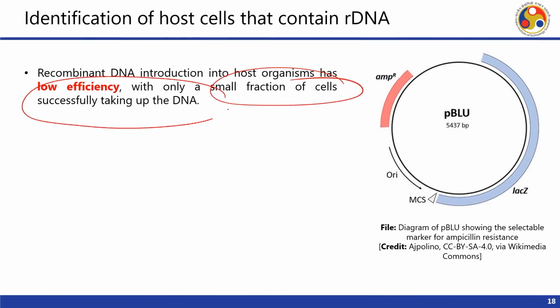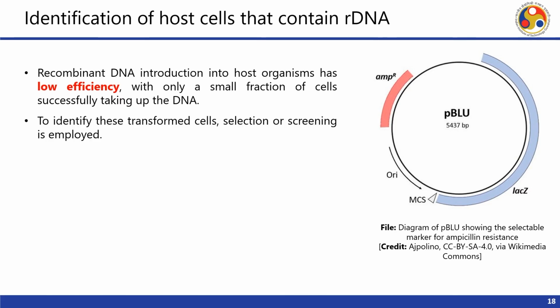This introduction of recombinant DNA into the host organism is a low efficiency process, with only a small fraction of cells successfully taking up the DNA. So, we have to separate out these transformed cells, which we will multiply to increase the population. For doing this, we need to go for a selection or screening process.